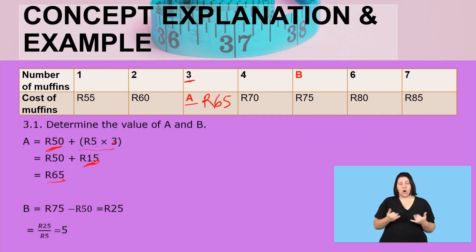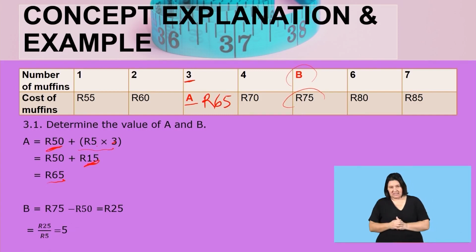Now let us determine the value of B. For the value of B, we take the cost given under B, which is 75 rand. We subtract 50 rand and you get 25 rand. Because we need the value of B, we need to know the number of muffins. We therefore take 25 rand and divide by 5 rand and you get 5.